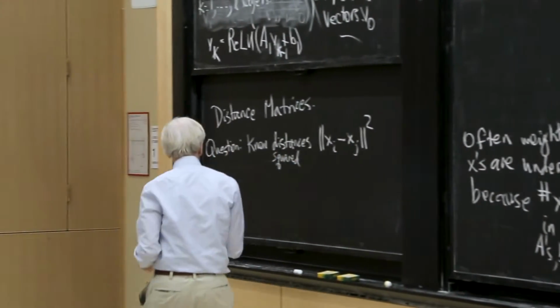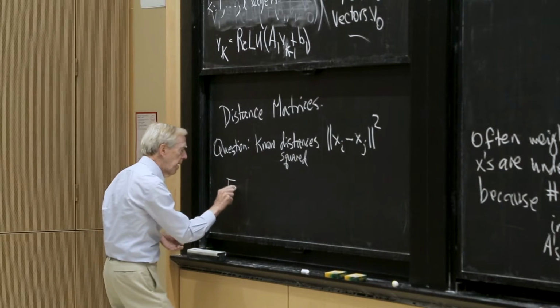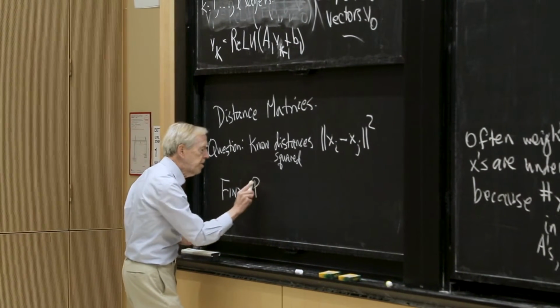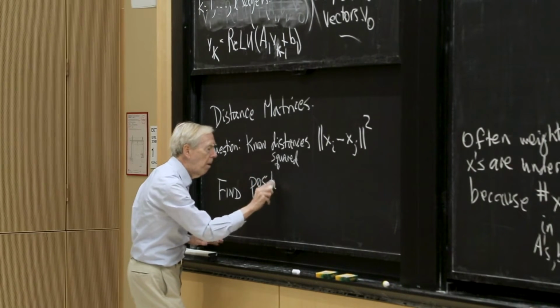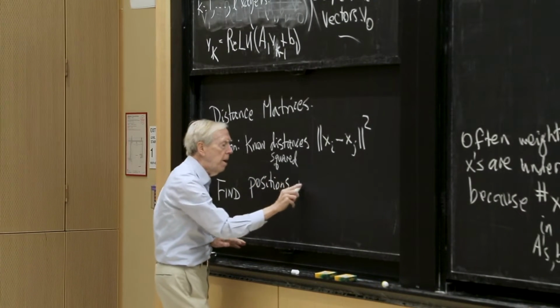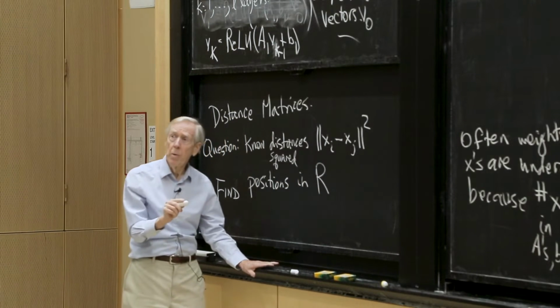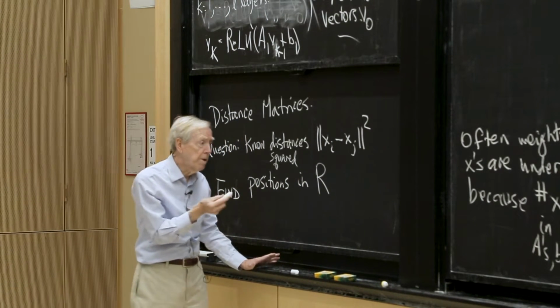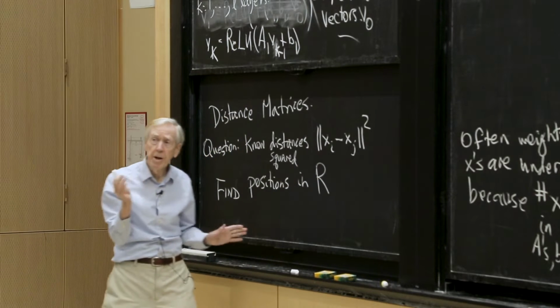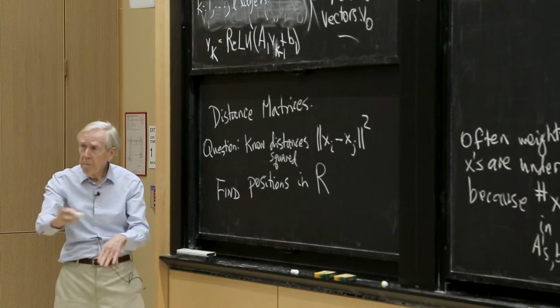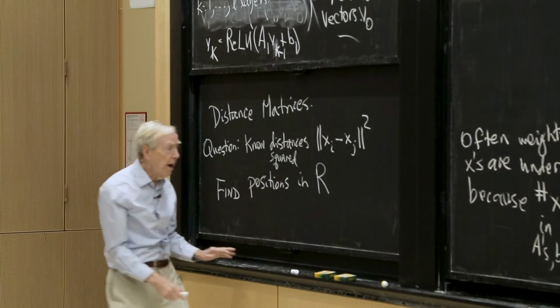That's the question. So let me talk a little bit about this question and then pause. Find positions in space, but we don't know ahead of time maybe whether the space is ordinary 3D space or whether these are sensors in a plane or whether we have to go to higher dimensions.